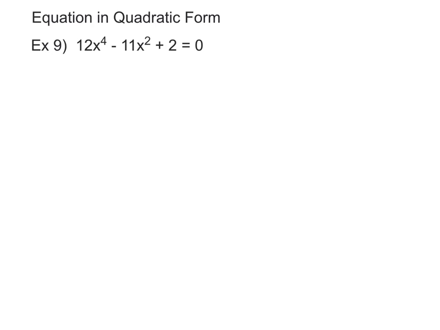You could even rewrite this as a 12x to the 4th, minus an 11x squared plus 2 equals 0. The kicker to this problem is the fact that you have a squared term here and a squared term here. That's where we're going to do the substitution.